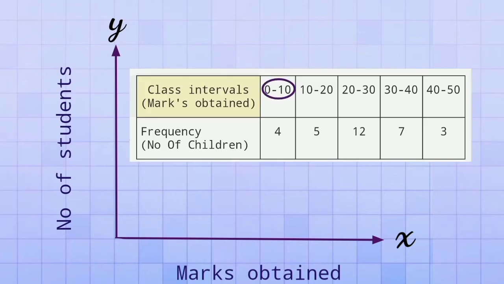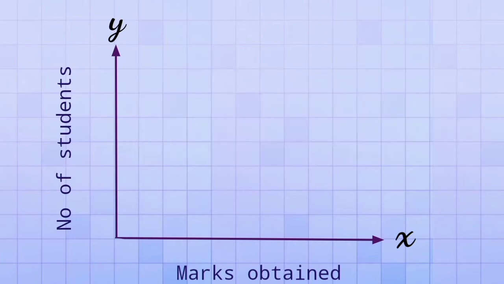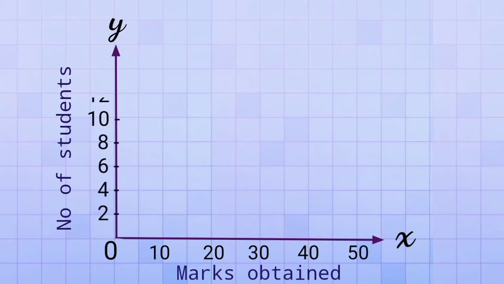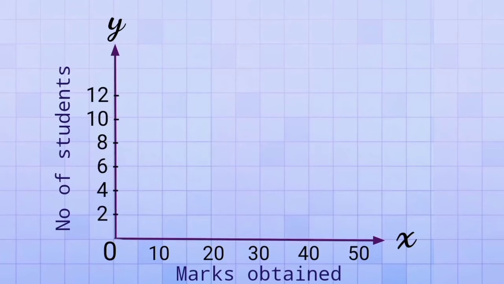The class intervals are 0 to 10, 10 to 20, 20 to 30 and so on, so I have started at 0, then 10, 20, 30, 40, 50. On the y-axis I have put 2, 4, 6, 8, 10, 12, because the number of children is up to 12. If we take 1, 2, 3, the height will be too long. So I have taken 2, 4, 6.